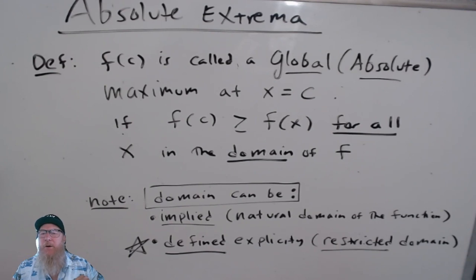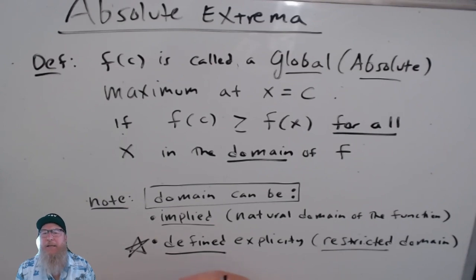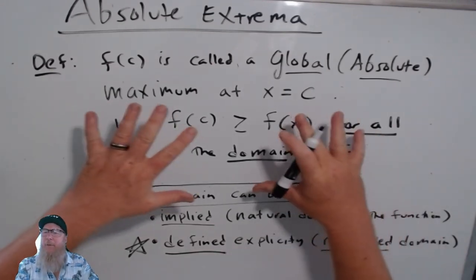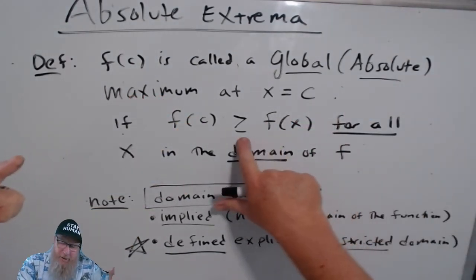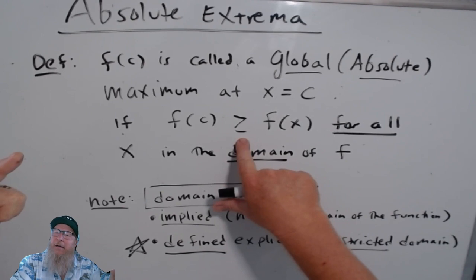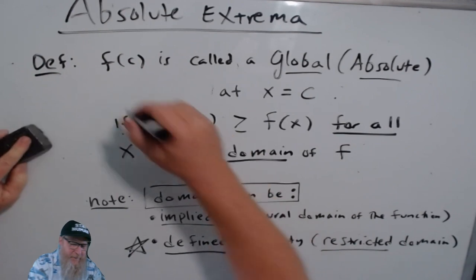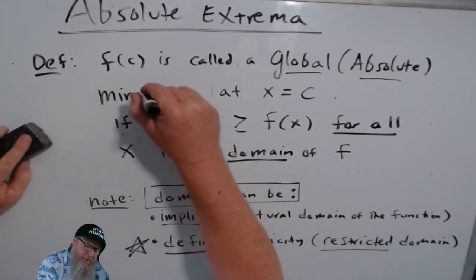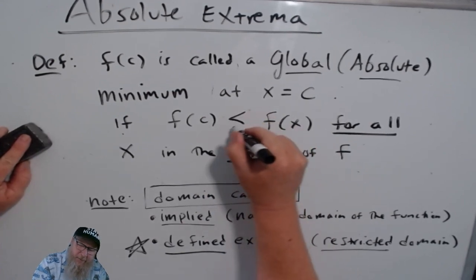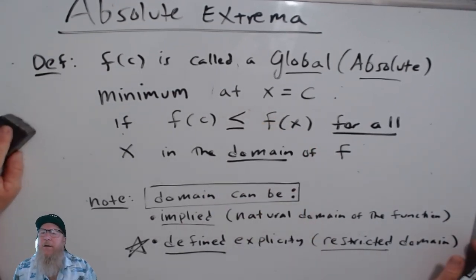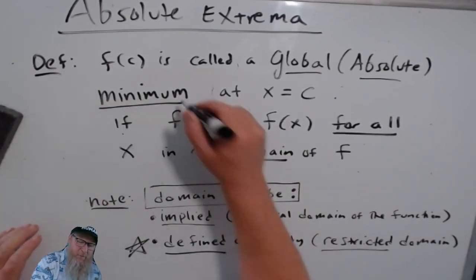But if this were a memory recall test, I would tell you to memorize maximum, and then you get minimum for free just by turning around this inequality. Watch how easy it is to get the second definition. To change it to minimum, you only have to change the inequality to less than or equal to. And then we have a global or absolute minimum.